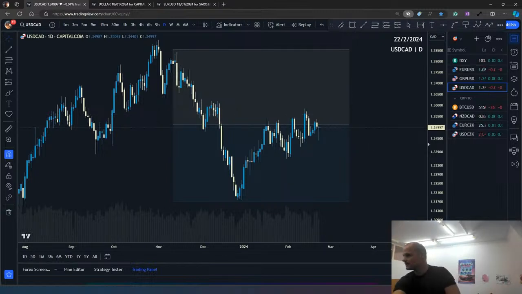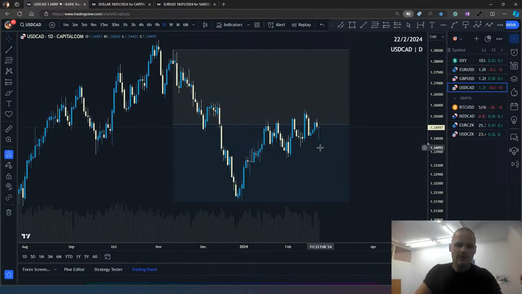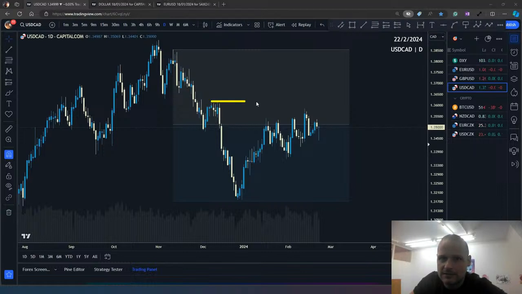If anyone can say, probably no one. Okay, so we know that we have this dealing range, and where is the first liquidity? The 50%, it's here. So most likely we could be reaching this level.